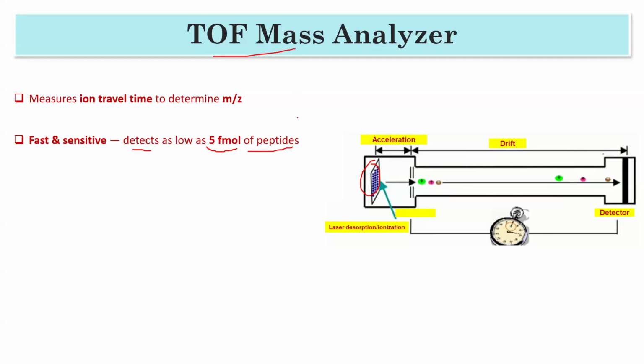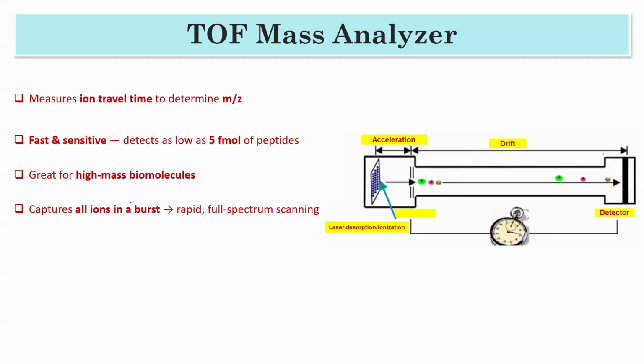So you can understand how important it is. It is great for high mass biomolecules. In this case, molecules leave the surface at one time and then move depending on their mass, so you can capture all of them at one time.